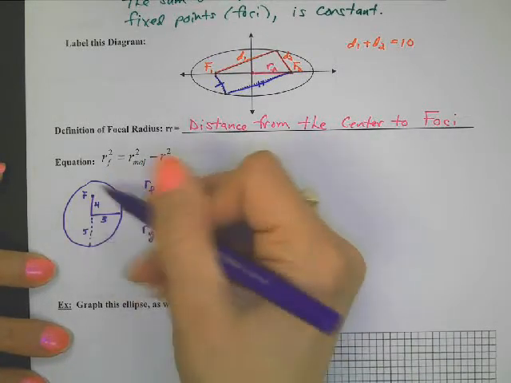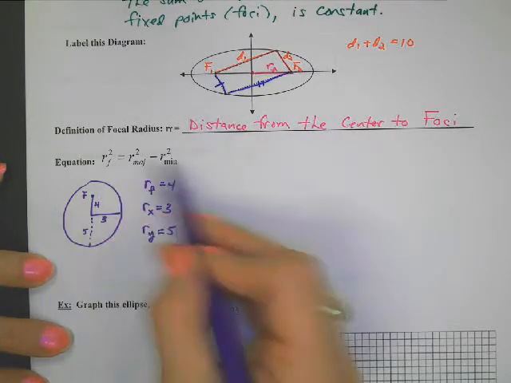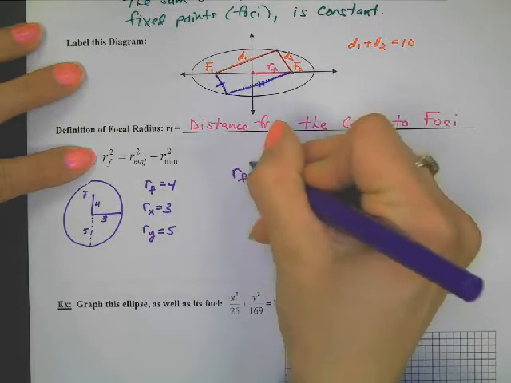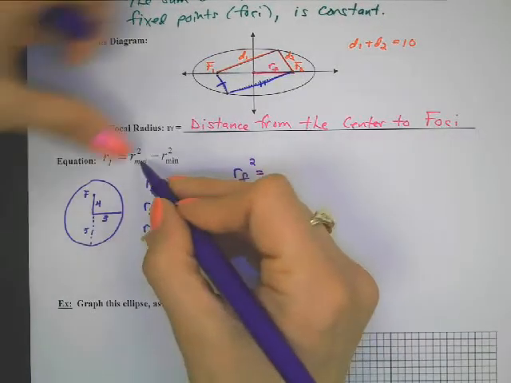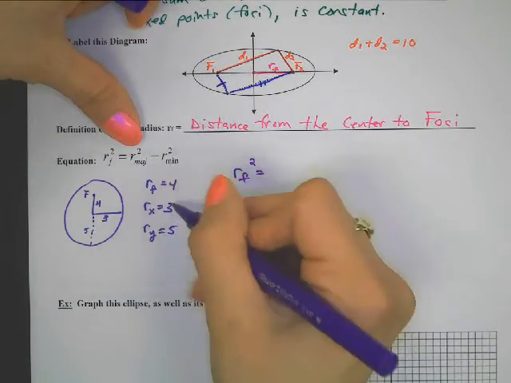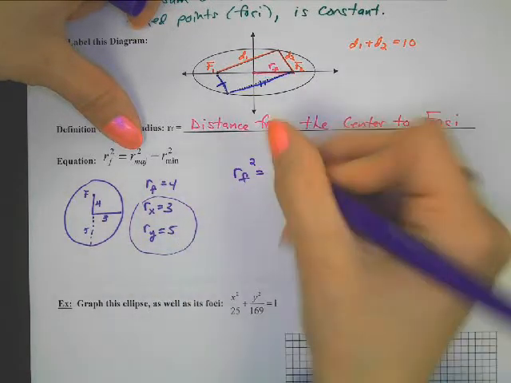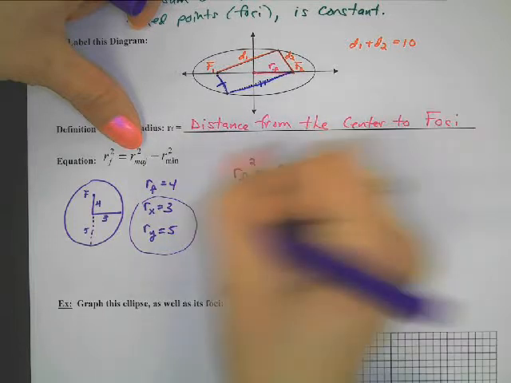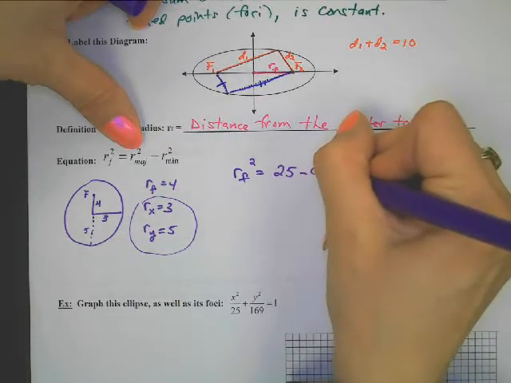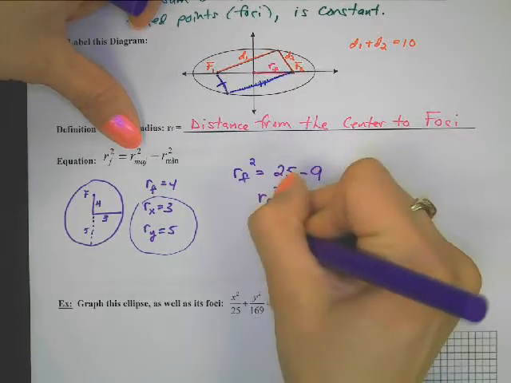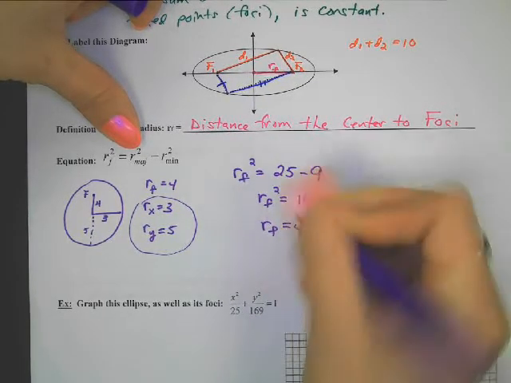This is the exact one that we built yesterday. Okay, you can calculate the focal radius here. Let's just prove this. R sub f squared. Of course it's major minus minor. So of these two, of x and y, it's always going to be the major one squared, 25, minus the minor one, minus 9. So r sub f squared is 16, and the focal radius is 4.